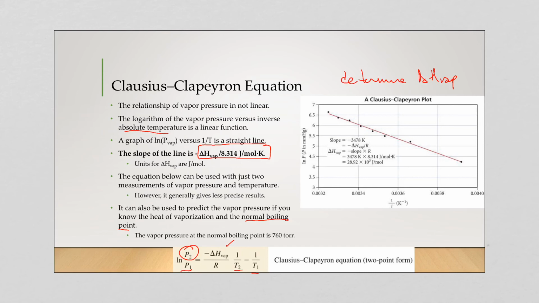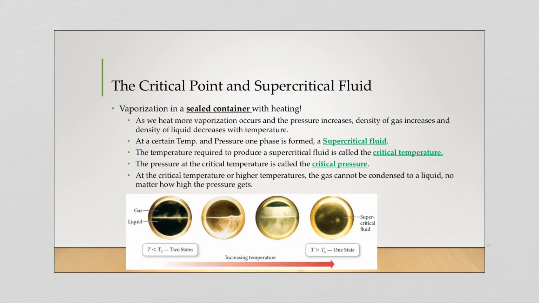Now, since we're talking about the behavior when we heat a sealed system, and the vapor pressure, one more thing we can add is the idea of a critical point and what's called a supercritical fluid.